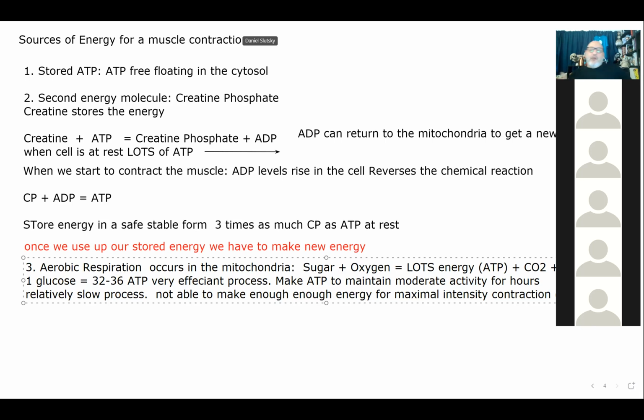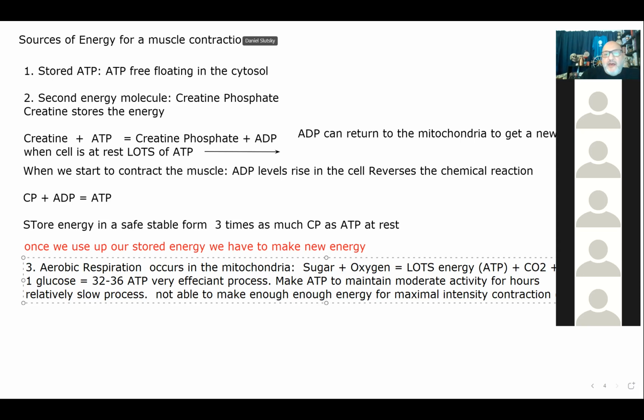So primarily there are two keys to this. One is obviously you have to get enough oxygen to the muscle cell to be able to do this. But even if you were able to provide all the oxygen and all the sugar the cell needed to these mitochondria, the problem is it's still a slow process.